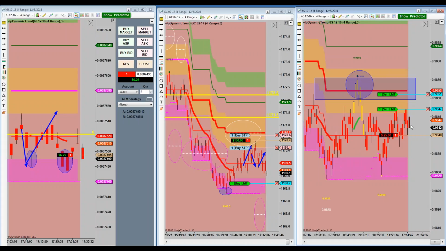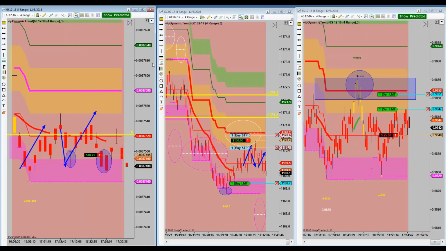Let's see if it gets any better. I'm going to leave these sell orders in up here. All right, now that we're starting to move down a little bit more on gold, should we drop the stop? Yes? You bet?